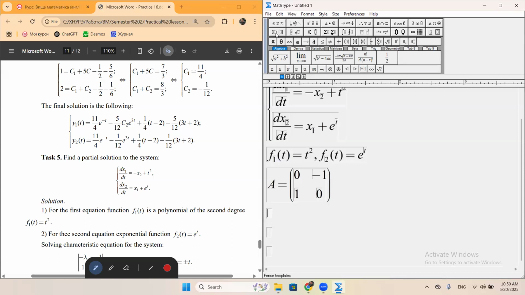So the characteristic equation will be minus lambda, and here minus lambda as well, equals 0, and we will receive that lambda equals plus or minus i.